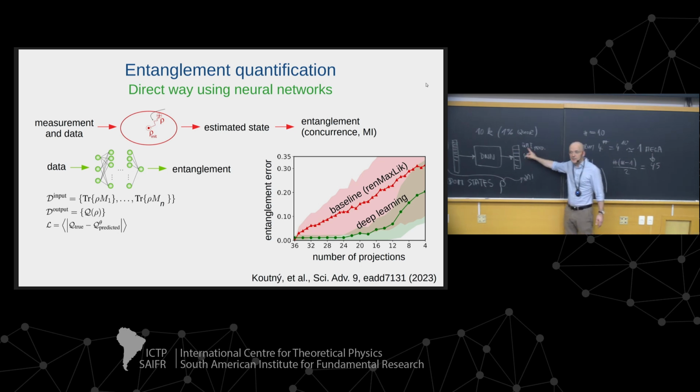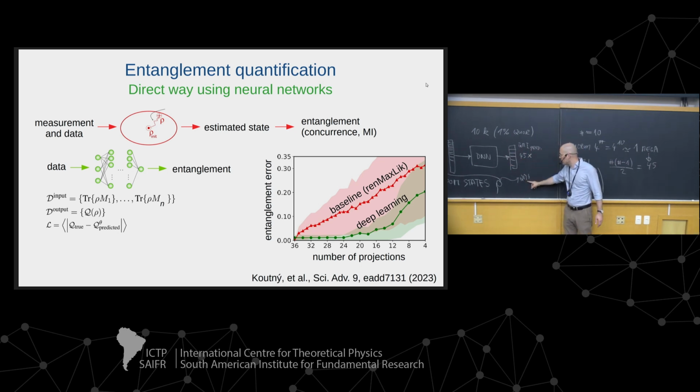And so now we have this quantity predicted by the network, and we have this quantity which is ideal, or ground truth, if you want. And of course, we can compute an error.